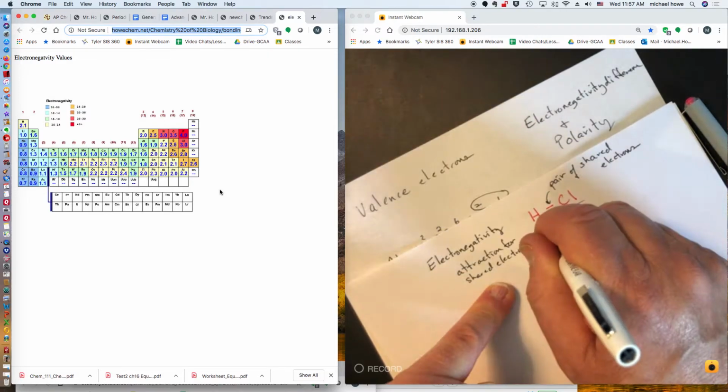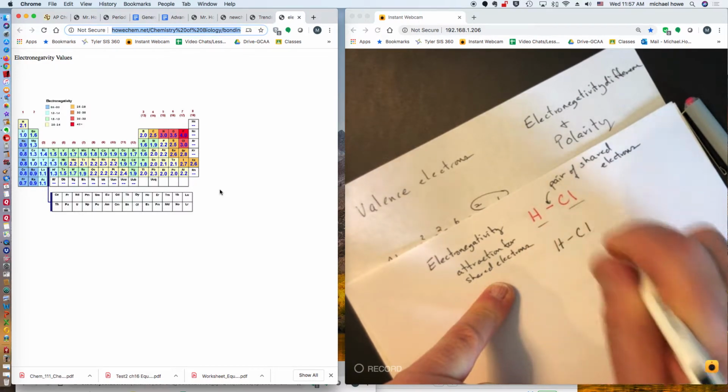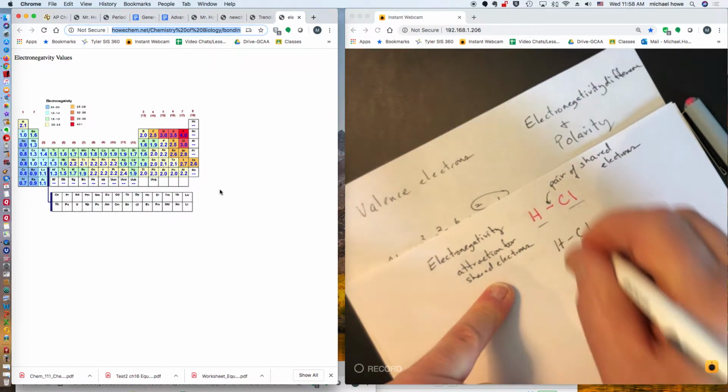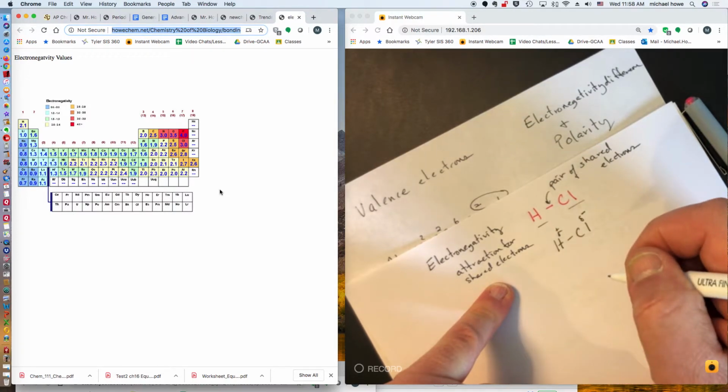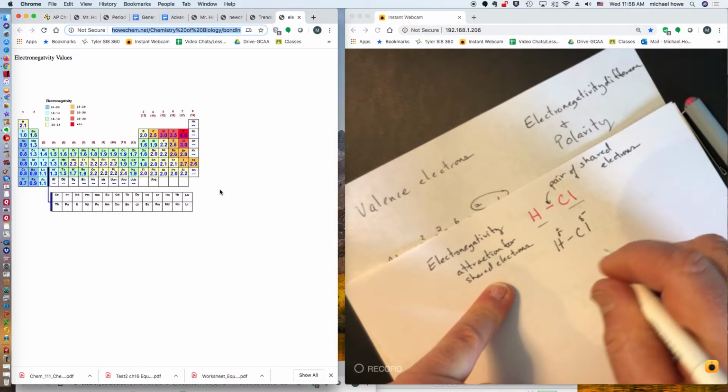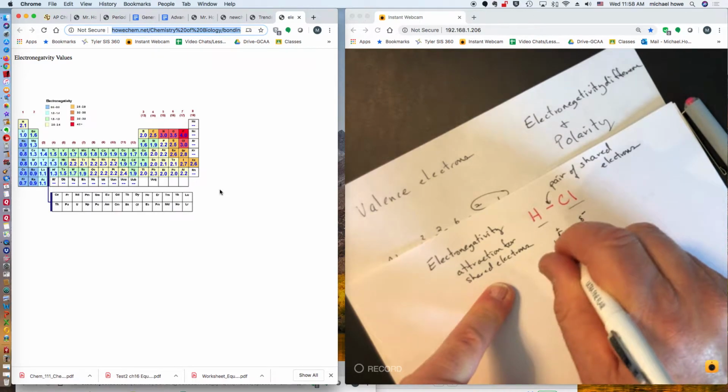So that means if you have a bond like this, H and Cl, that the Cl is going to be not completely but partially negative, and this is going to be partially positive. Now this little symbol, kind of like an 8th note, is a Greek letter delta. So it shows a partial negative and a partial positive charge. So we would say this molecule has poles.